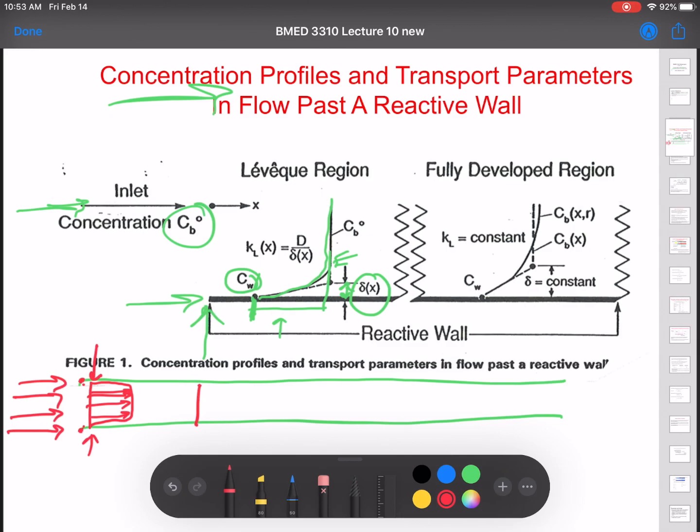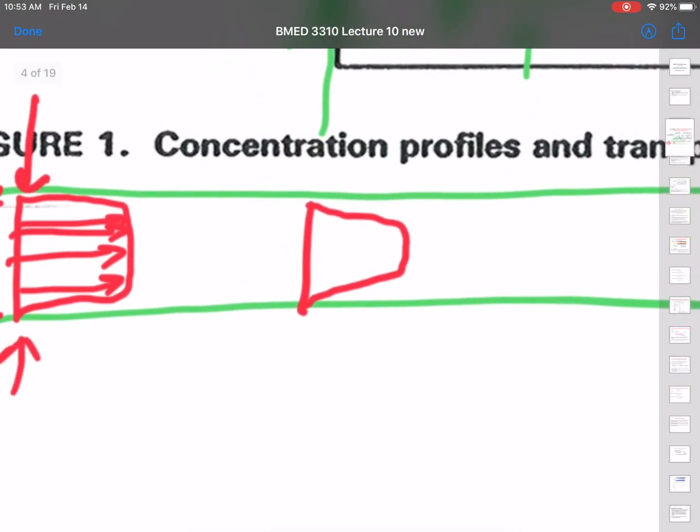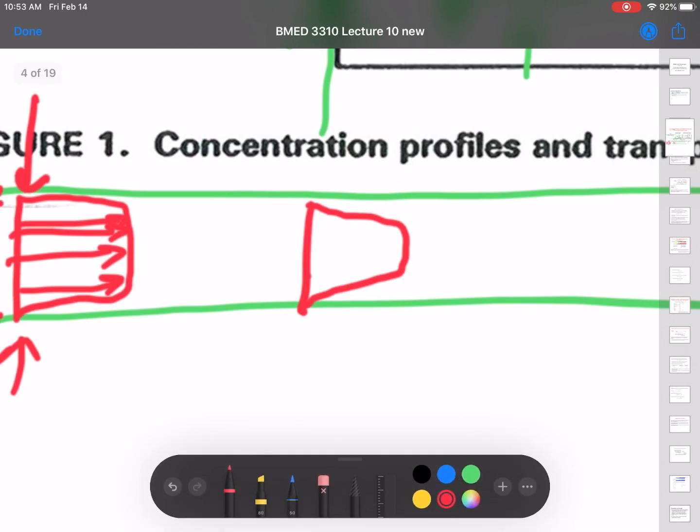As we go further downstream, this is the boundary layer thickness there. That del is a function of the distance. Let's call it x.